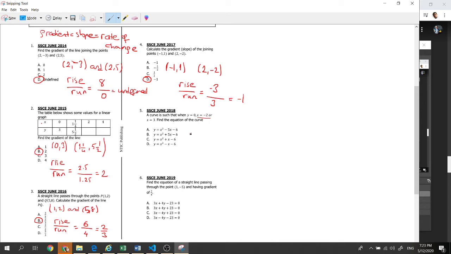It means the roots of the equation are -2 and 3. In other words, your equation will be (x + 2)(x - 3).